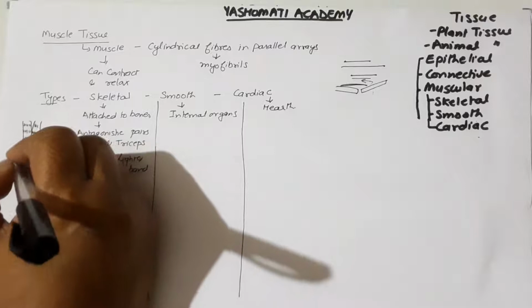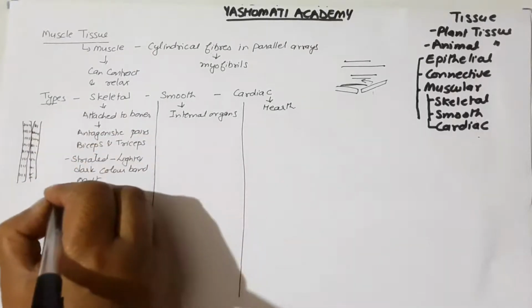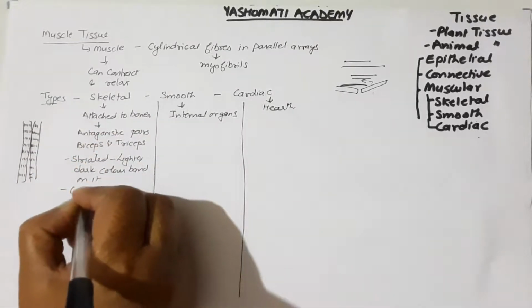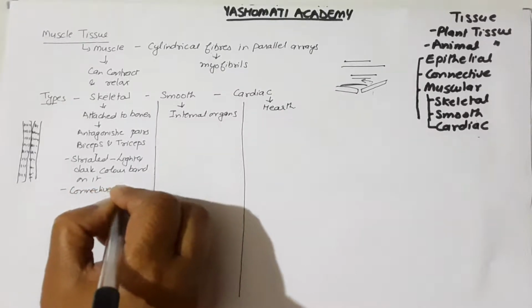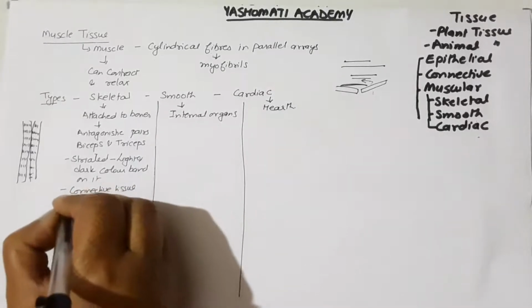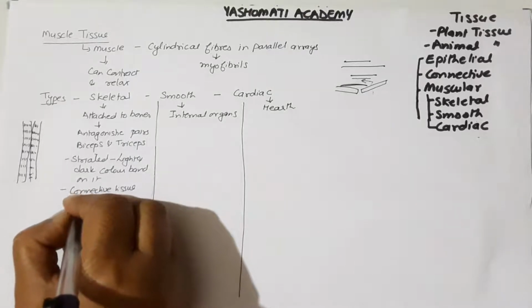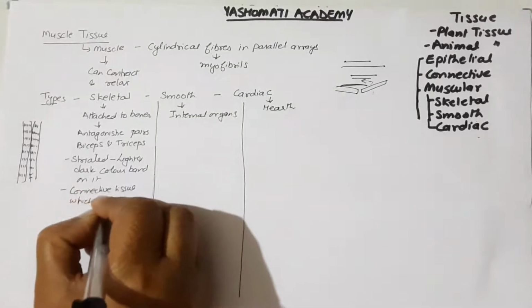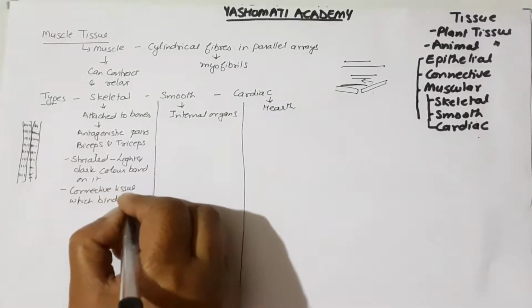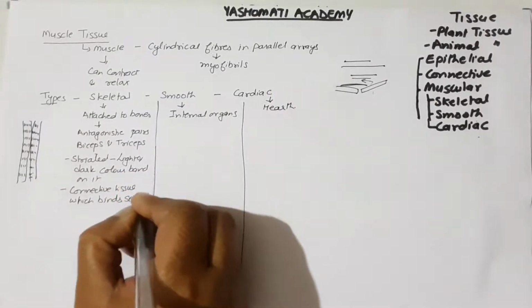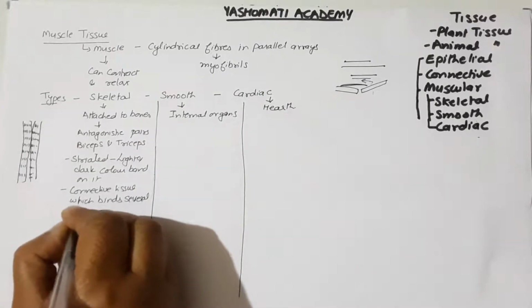These muscles are surrounded by a connective tissue which binds several parallel tissues.